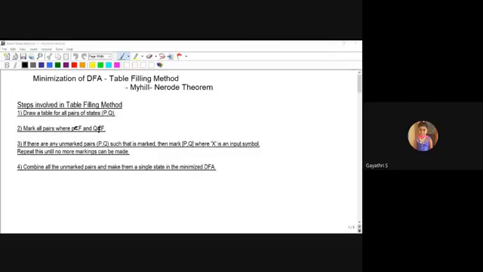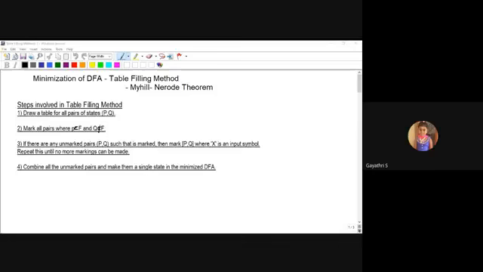The third instruction: if there are any unmarked pairs P comma Q such that it leads to a marked pair, then mark P comma Q, where X is an input symbol. Repeat this step until no more markings can be made. Keep in mind your third step is the iterative step.